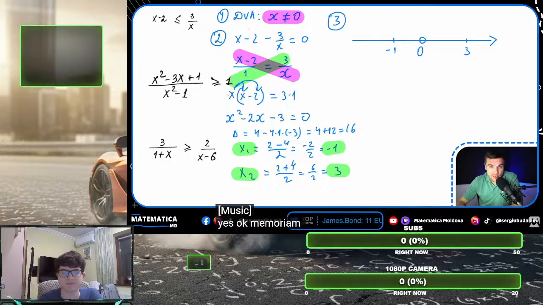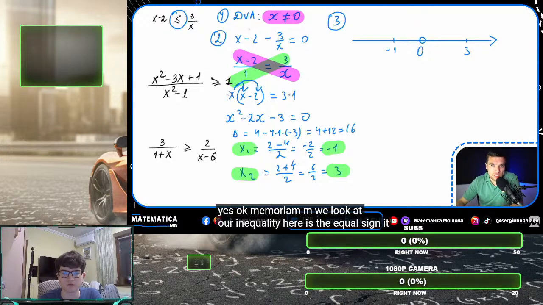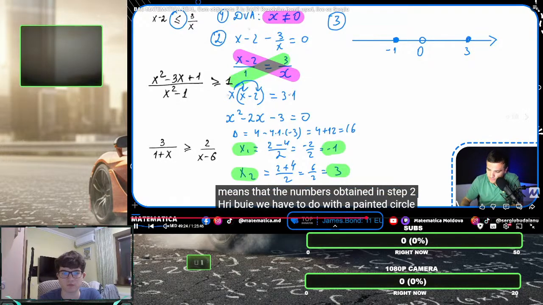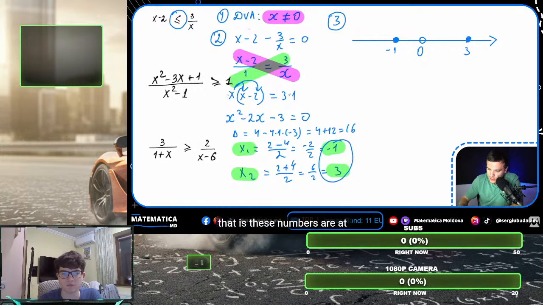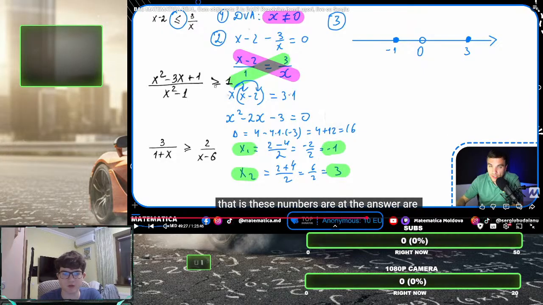Now here, you just take a value. If it's with equal and smaller or higher, then you make the dots colored like that.